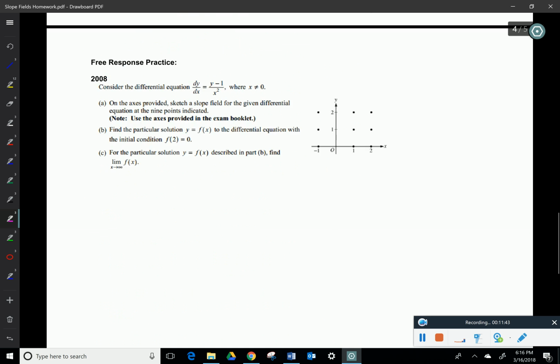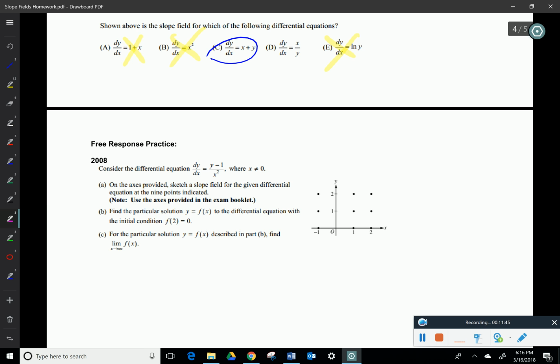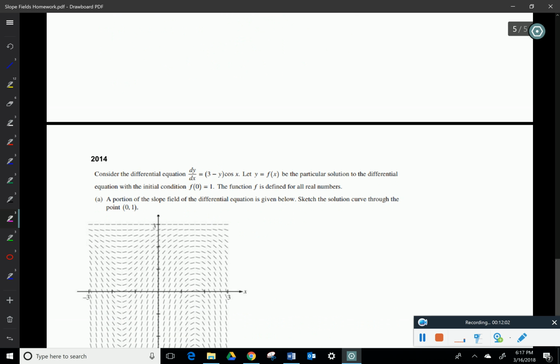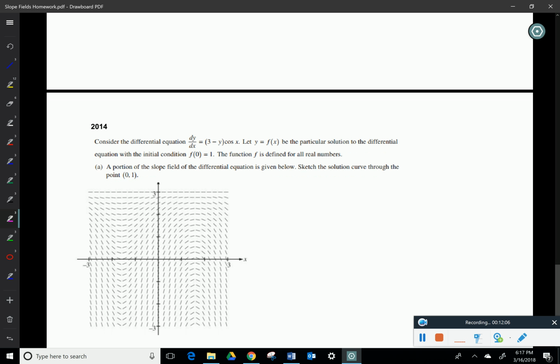And then, like I said, this just shows several different ways they might ask questions, and then it gives you 2 examples of specific free response questions. So on the first free response question, this 2008 one, they had you actually draw a slope field and then find the particular solution, right? Meaning you're going to have to do separation of variables. But on the 2014 one, they didn't have you draw the slope field. They gave it to you, but they had you on part A sketch the solution curve.